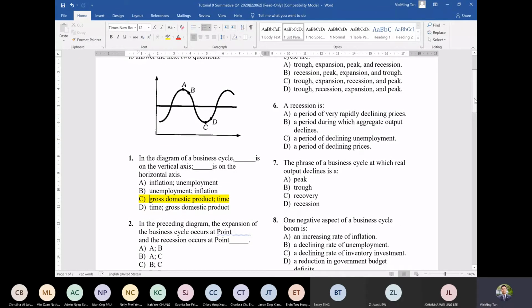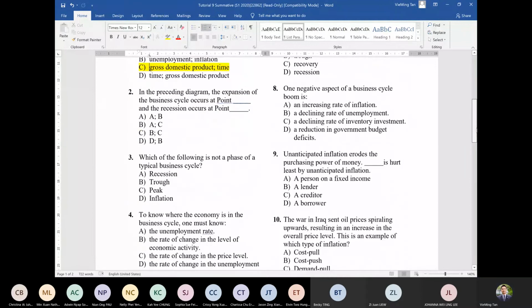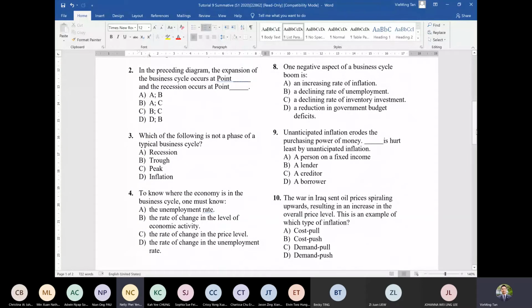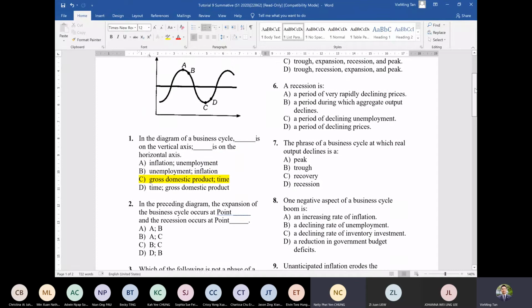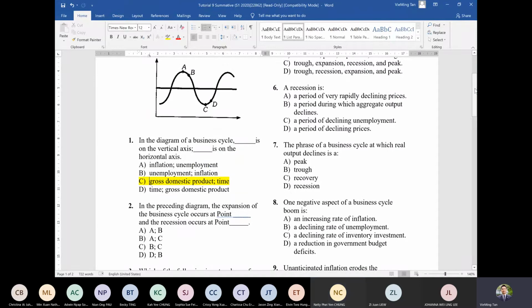Question number 2, Nelly. In the preceding diagram, the expansion of the business cycle occurs at point D and the recession occurs at point B. So we have to go back to the diagram again for this question. Your answer is D. So point D is here. That means it is the recovery stage; point D is at the process of recovery, or we call it expansion.